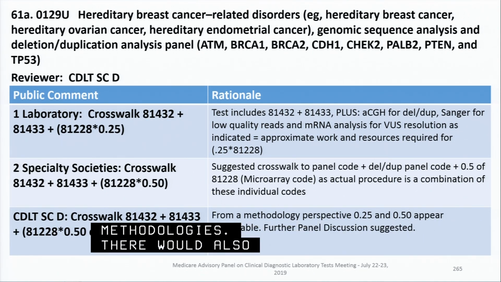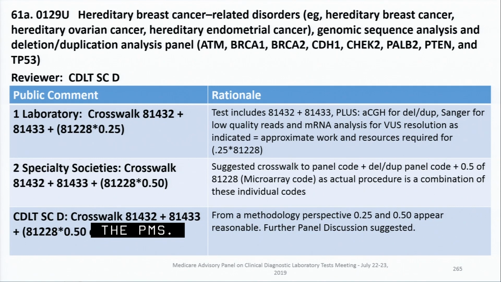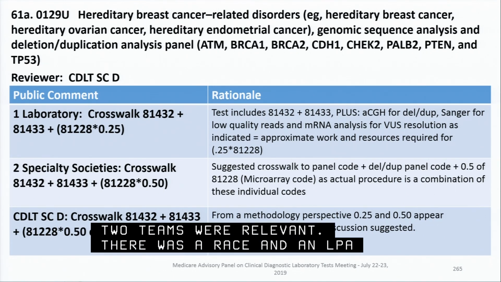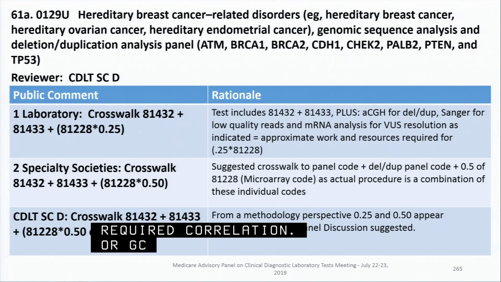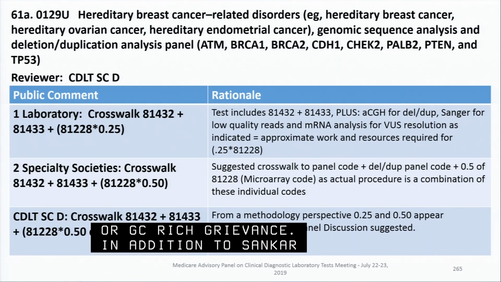There's array CGH and MLPA required for deletion duplication analysis in certain regions, or AT-GC-rich regions of certain genes or pseudogenes that require these additional analyses in order to produce a comprehensive result for the gene sets in question, in addition to Sanger analysis for the low-quality reads that are required. So that encompasses all of that additional methodology on top of the base DNA analysis, sequencing analysis.